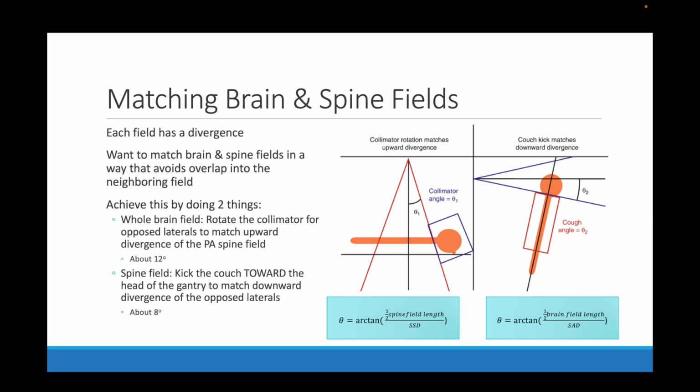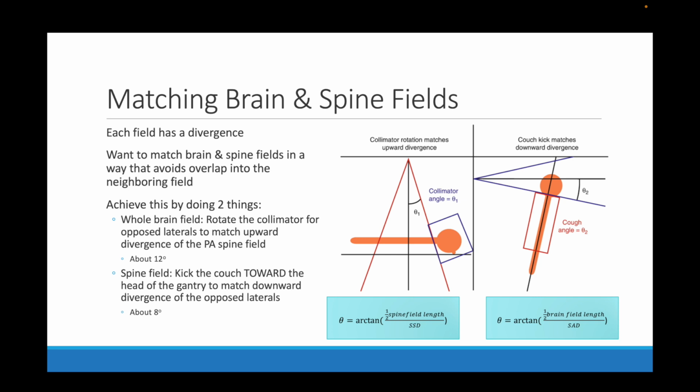See how we can see the PA field for the spine and its upward divergence, and then the collimator is rotated at a specific angle, so the bottom edge of our square kind of parallels that upward divergence that's created by the spine field. So there is a formula for calculating the degree of this collimator rotation, and it's given in that box below, but generally the angle is about 12 degrees.